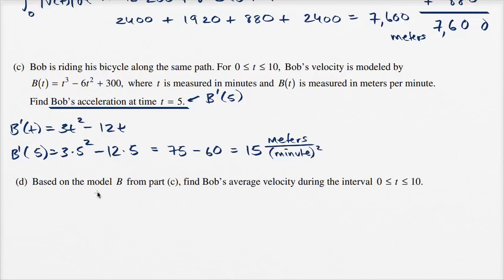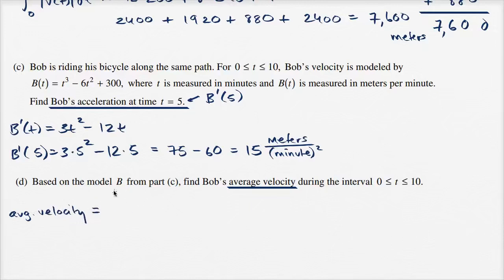Based on the model b from part C, find Bob's average velocity during the interval 0 ≤ t ≤ 10. If the notion of average velocity or average value of a function is completely foreign to you, I encourage you to watch the videos on Khan Academy on finding the average of a function. But just to cut to the chase, the average velocity is going to be the area under the velocity curve divided by our change in time.